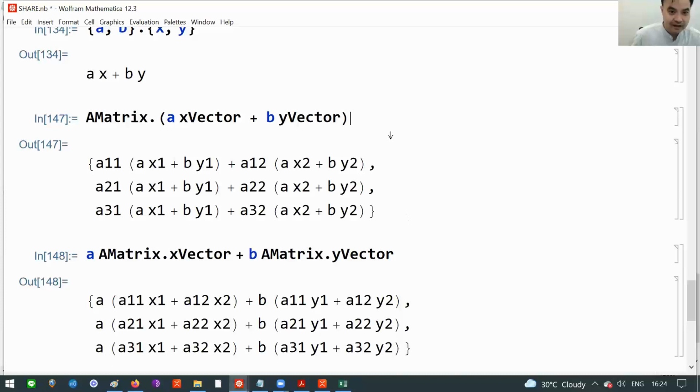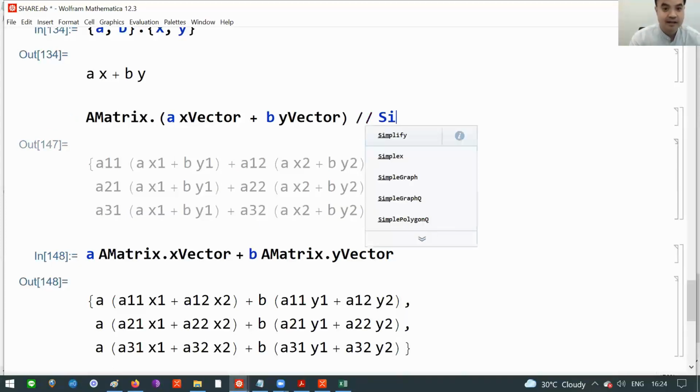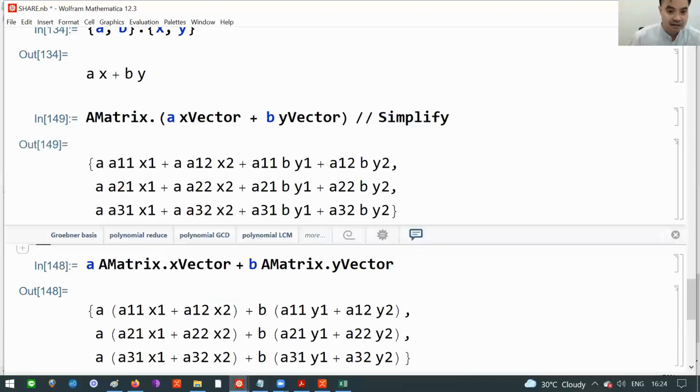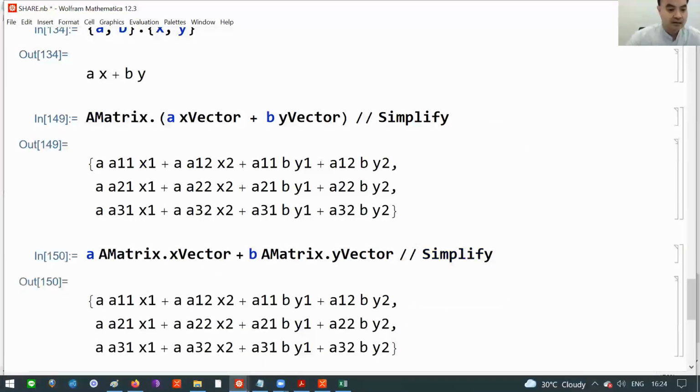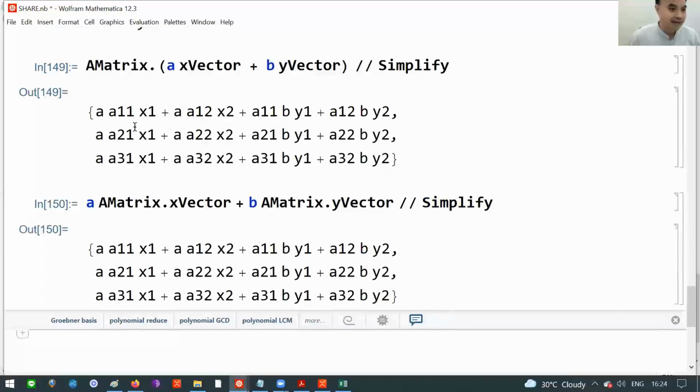So, is it the same thing? Well, let's simplify. Okay, it's the same thing, just written in a different order. So, it's exactly the same thing.